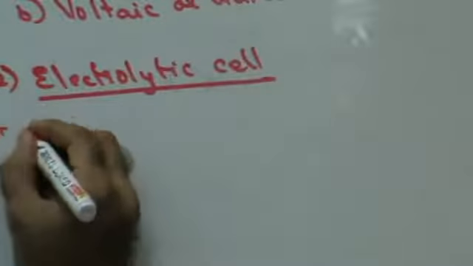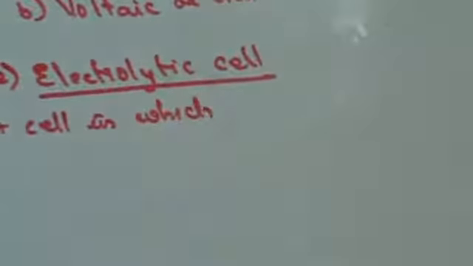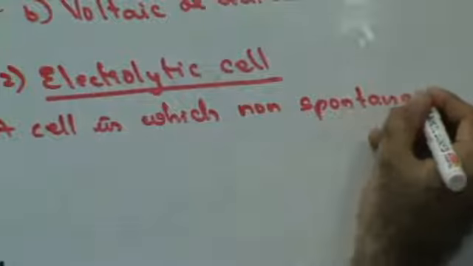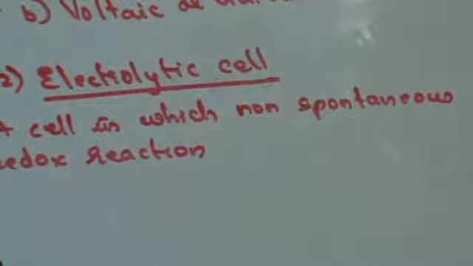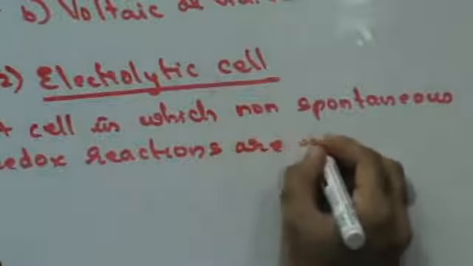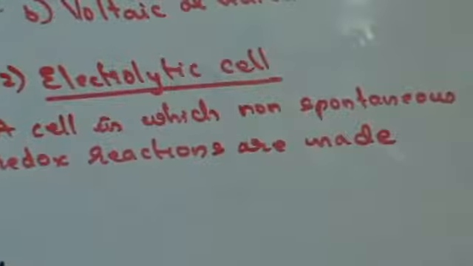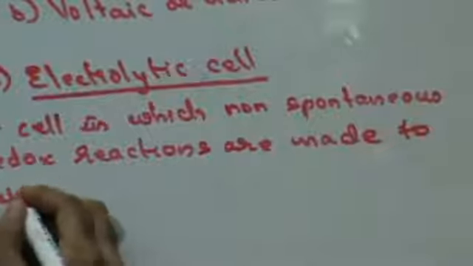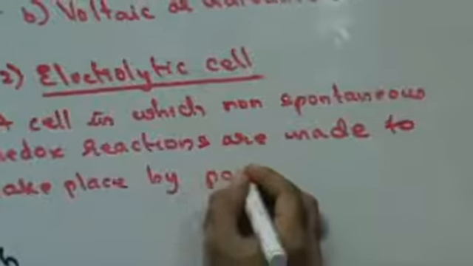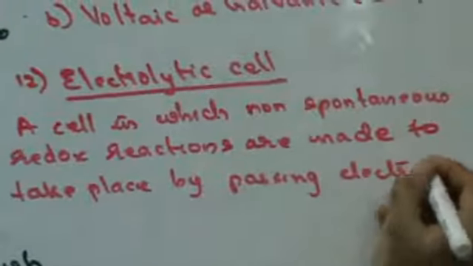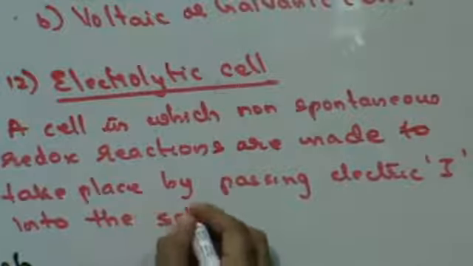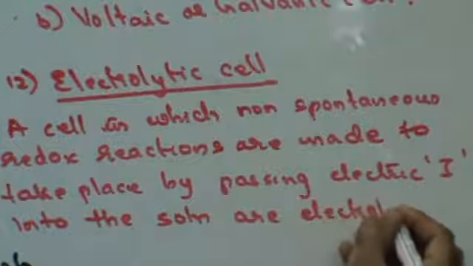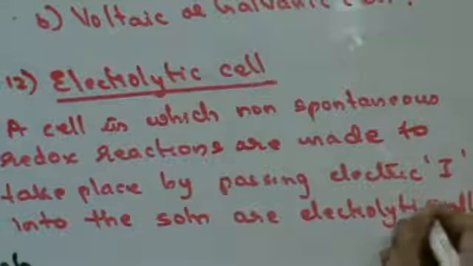A cell in which non-spontaneous redox reactions are made to take place by passing electric current into the solution is an electrolytic cell.